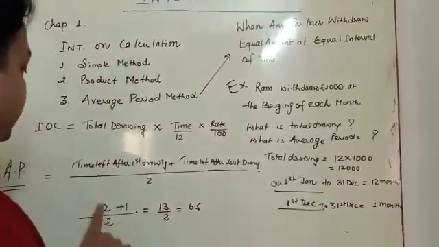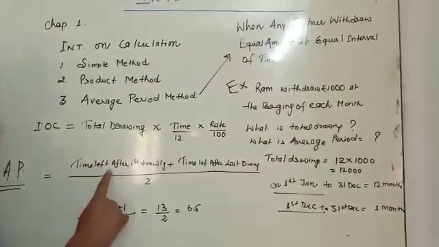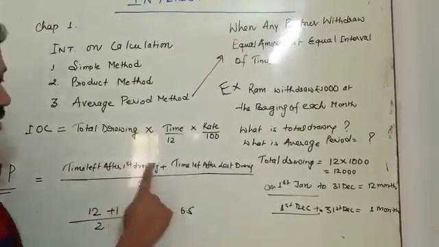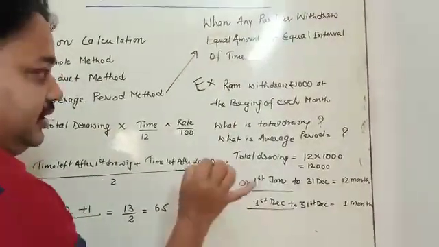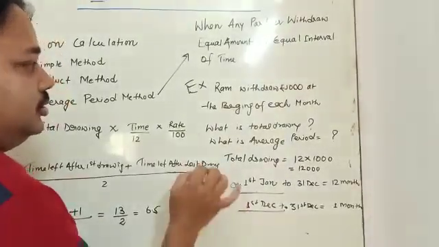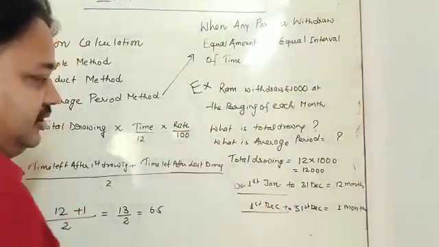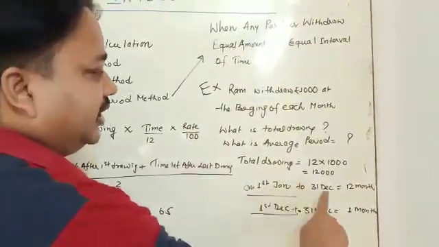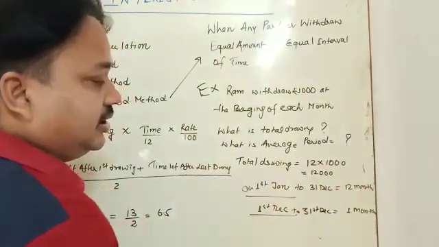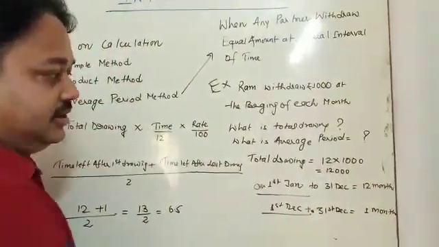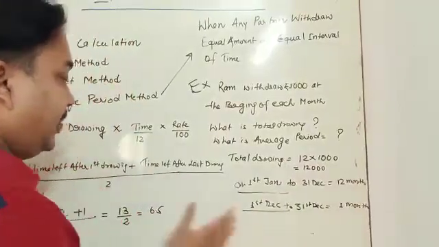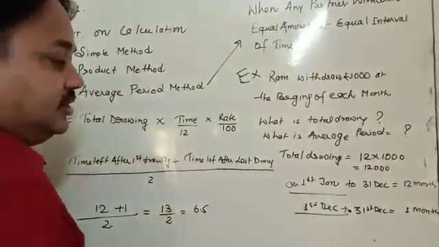Average period means calculate time left after first drawing. In this situation, if Ram withdraws on 1st January, from 1st January to 31st December is equal to 12 months. That is the time left after first drawing. What was the last drawing?